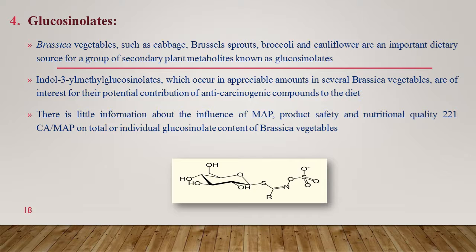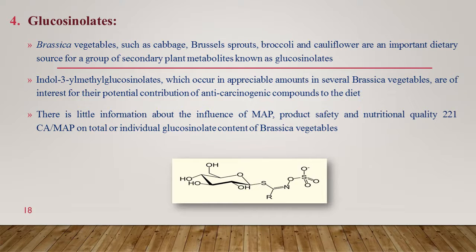There are very few reports describing the effects of storage on the glucosinolate content. For instance, the storage of white and red cabbage for up to 5 months at 4 degrees centigrade does not seem to affect the levels of glucosinolates.